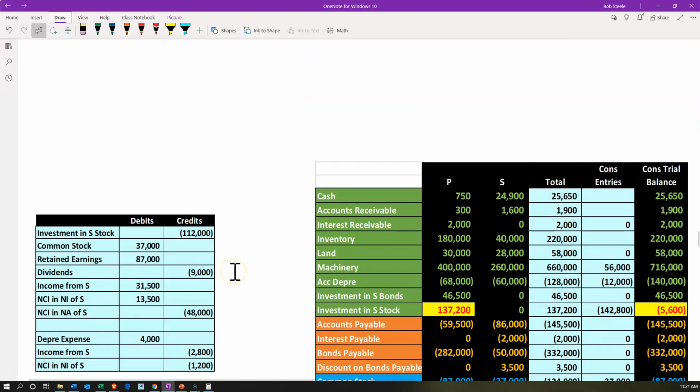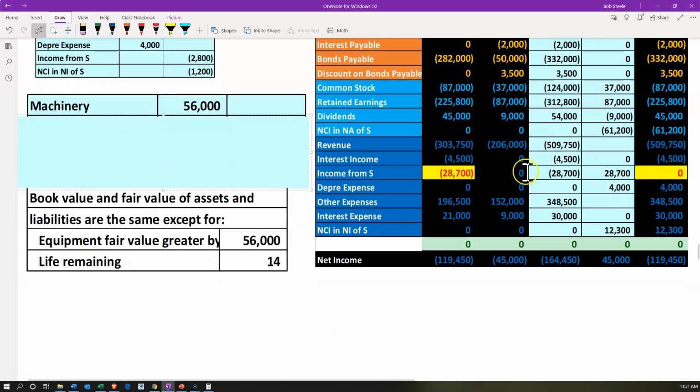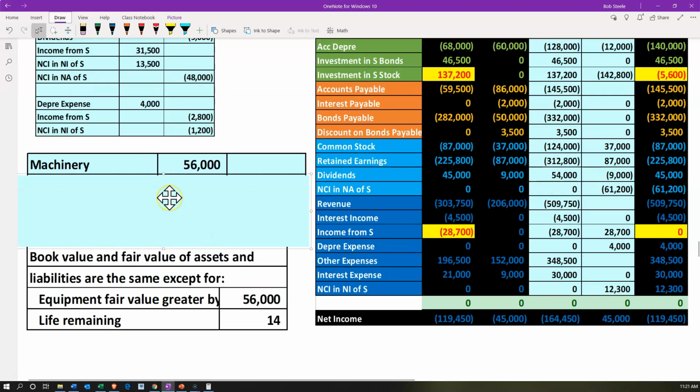Now let's go on down to the balance sheet side of things. So we've got the prior transactions up top. Those are being included in the consolidation entries, as is the current transaction that we are working on. And that's going to be the balance sheet side of this, basically machinery and equipment. So we had the same 56,000. Now we're looking at the balance sheet, meaning we'll have to put the actual machinery on the equipment.